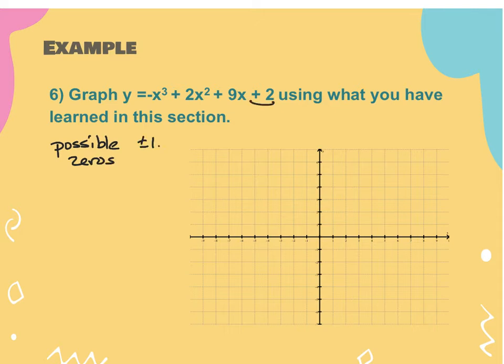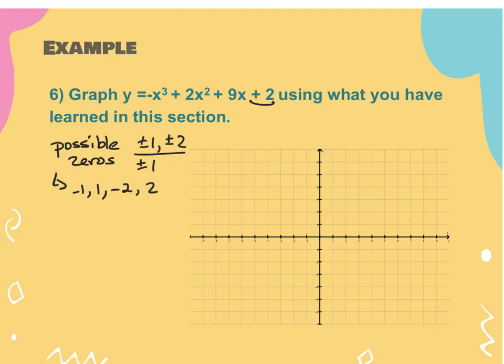So factors of positive 2 are plus and minus 1, plus and minus 2, divided by plus and minus 1. So your list of possible zeros are just going to be negative 1, positive 1, negative 2, positive 2. So if you were not keying this into Desmos and I said, find the zeros, find the multiplicity, graph it, we could do it without a graphing calculator here, just by guessing and testing.